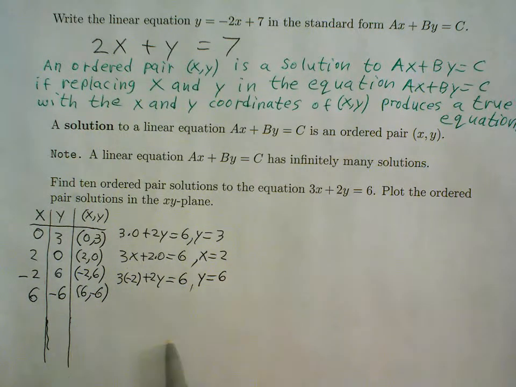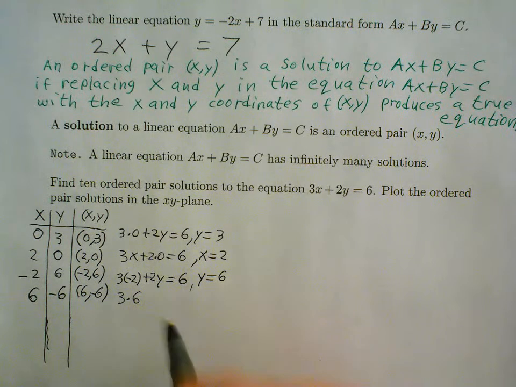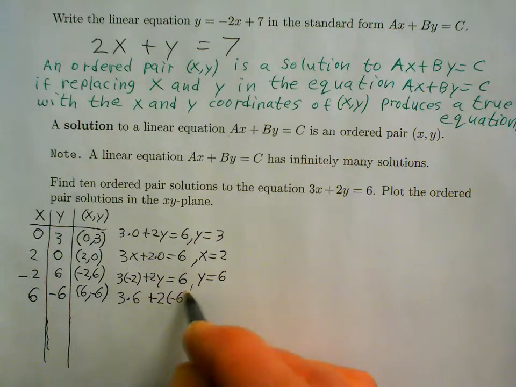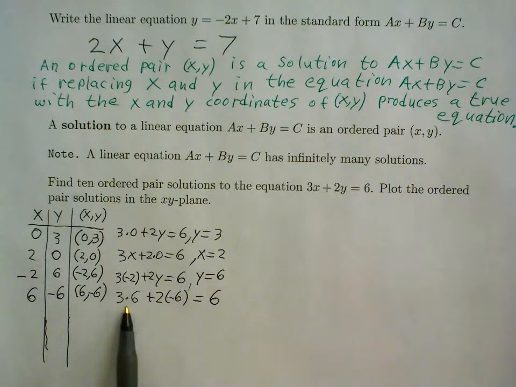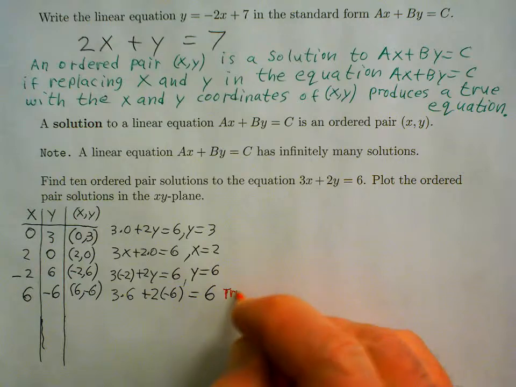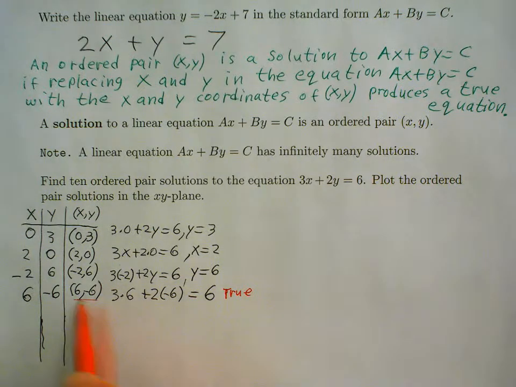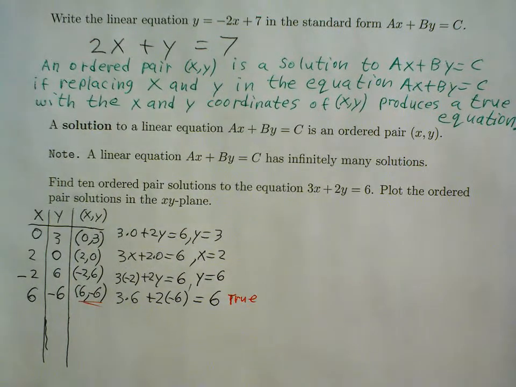I'll first replace x with 6, 3 times 6, plus 2 times -6. And we want that to be equal to 6. And sure enough, 18 minus 12 equals 6 is true. So that verifies that (6, -6) is a solution.